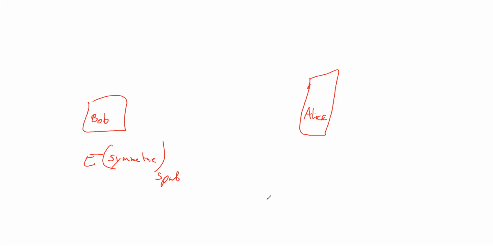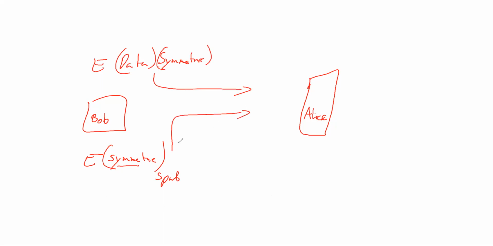But keep in mind that you could actually also take some data and encrypt it with this symmetric key, and send that as well. That's something we've never really thought about.